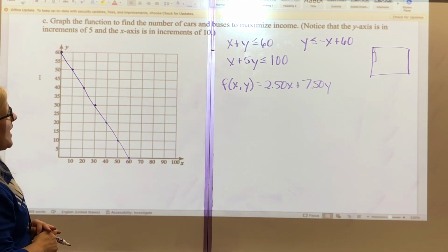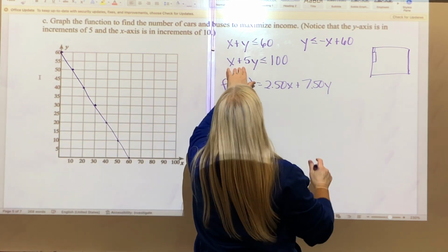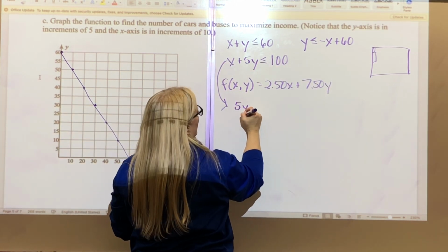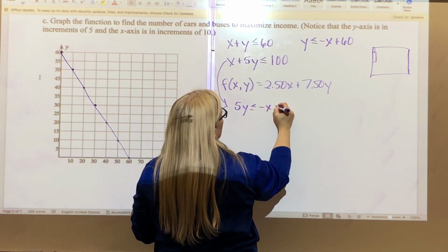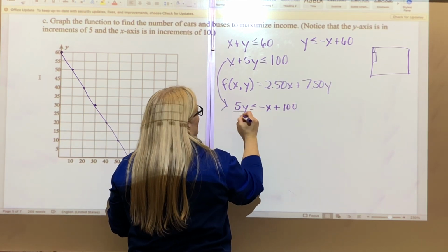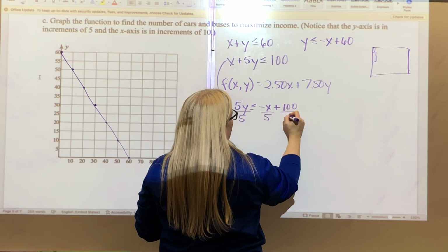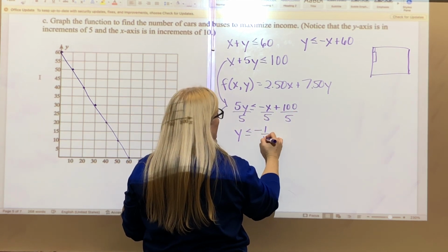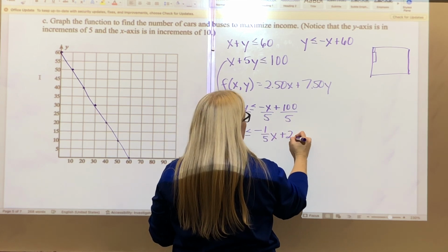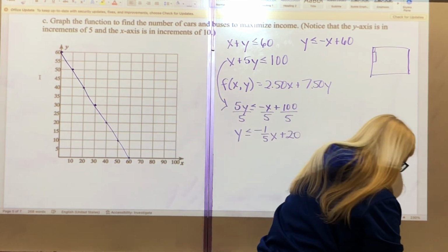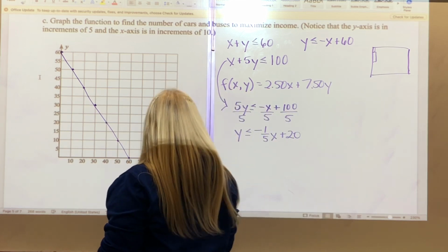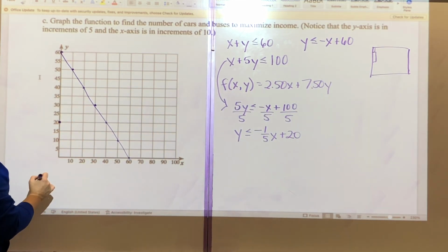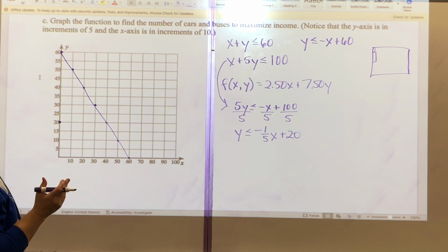Then we have this one. I'm going to get y by itself. So we've got 5y is less than or equal to negative x plus 100. Divide by 5: y is less than or equal to negative 1/5 x plus 20. Now I am at 20, and if I go down, this is where it gets kind of tricky.